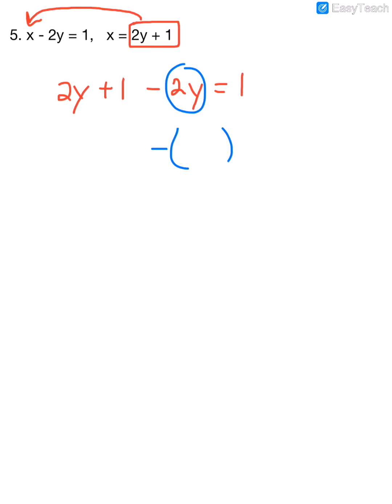So it's always important that when we plug stuff in, we plug it in parentheses, and then if there's something in front, we're going to have to distribute it to everything that we just plugged in. Like I said, it really doesn't matter with this one because there was nothing in front of what we plugged in.